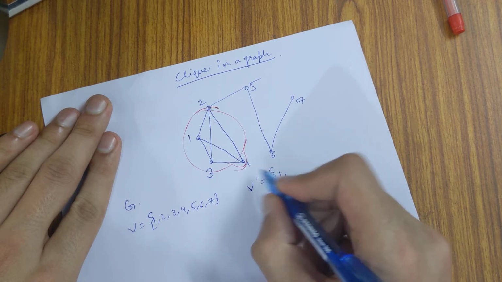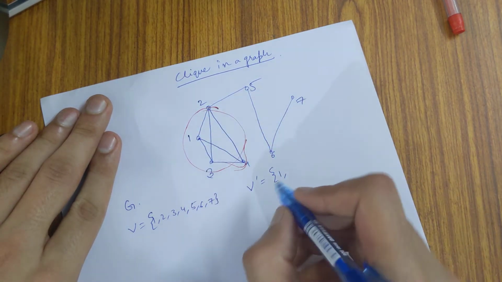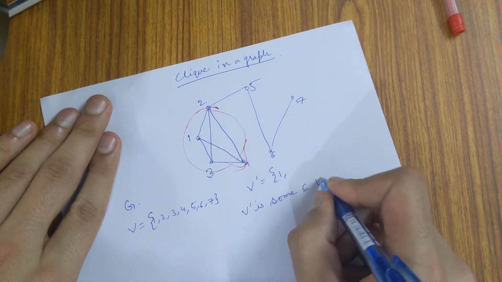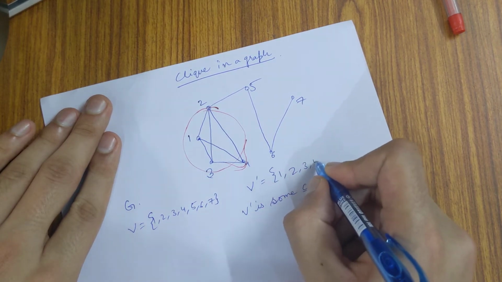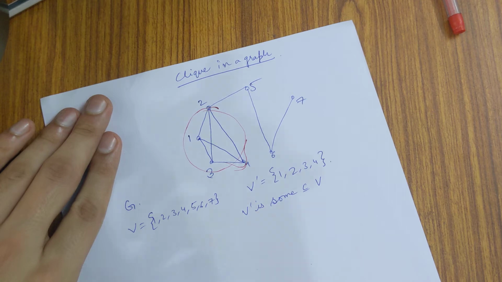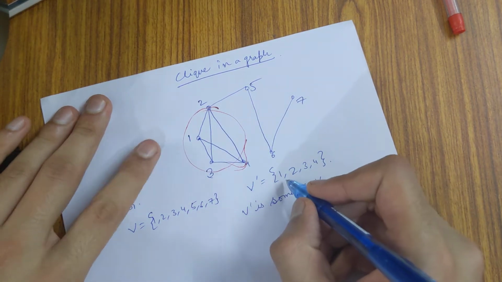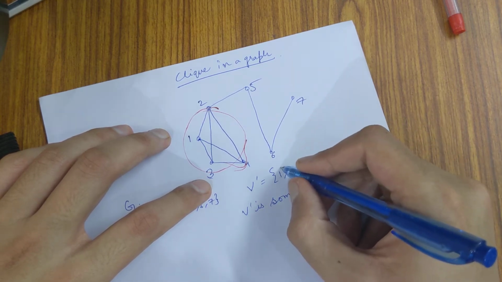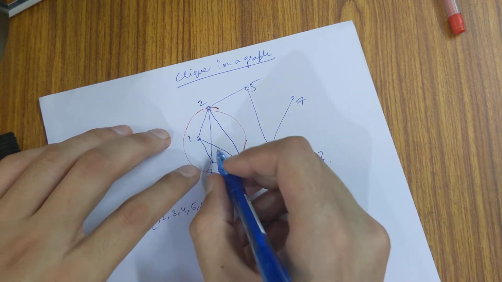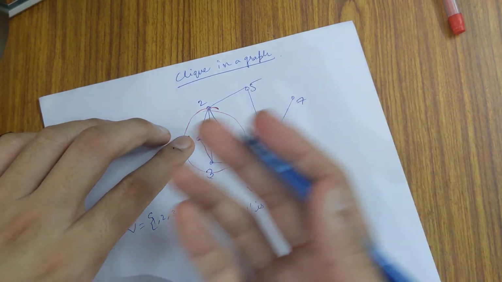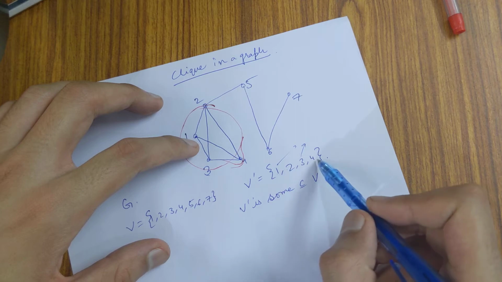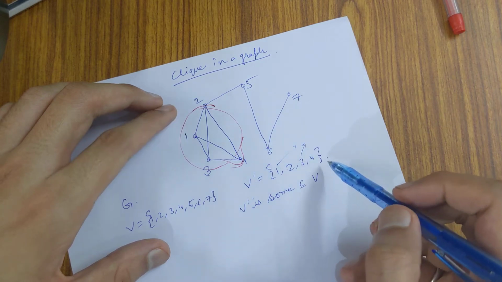And V dash is some subset of V. If we consider this particular subset 1 2 3 4, and pick any two vertices among this subset, like 1 and 3, then they must be adjacent, directly connected to each other. Any two vertices from this subset are adjacent to each other.